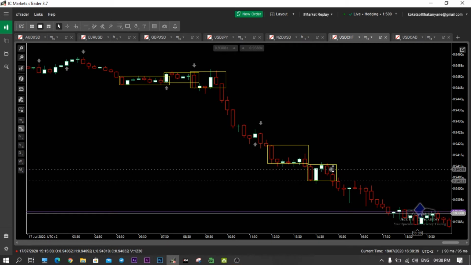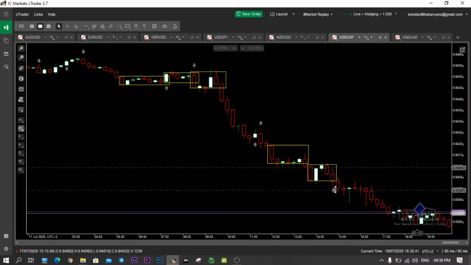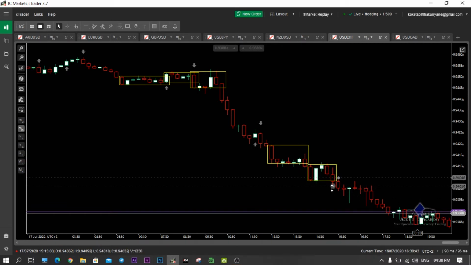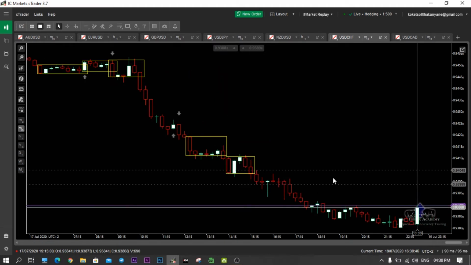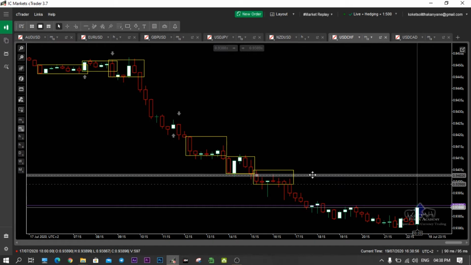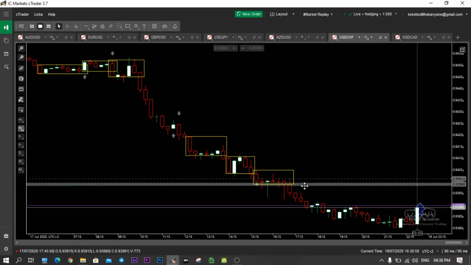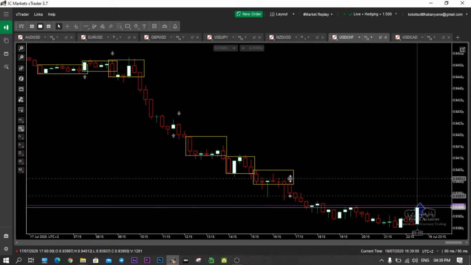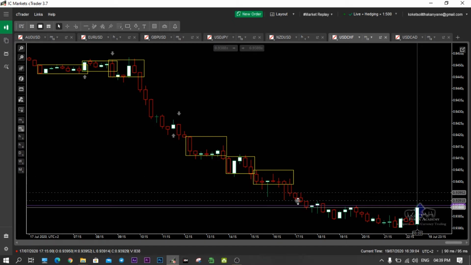Then price was further pushed to the downside: lower high, lower low. A brief moment of consolidation, then price was pushed to the downside, and we had another brief period of consolidation.